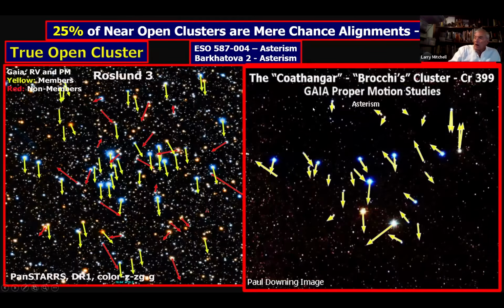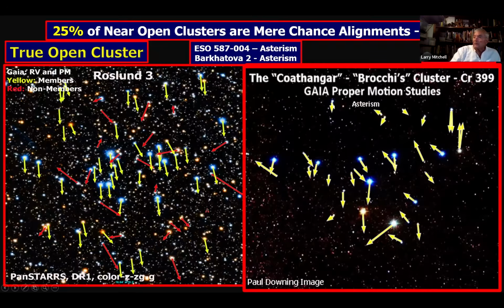Boom. Hardly any two of those stars are going in the same direction. So yes, this is definitely a stellar asterism, a grouping of stars which appear to be related from our point of view, but in fact these stars have nothing to do with each other, gravitationally or in proper motion.